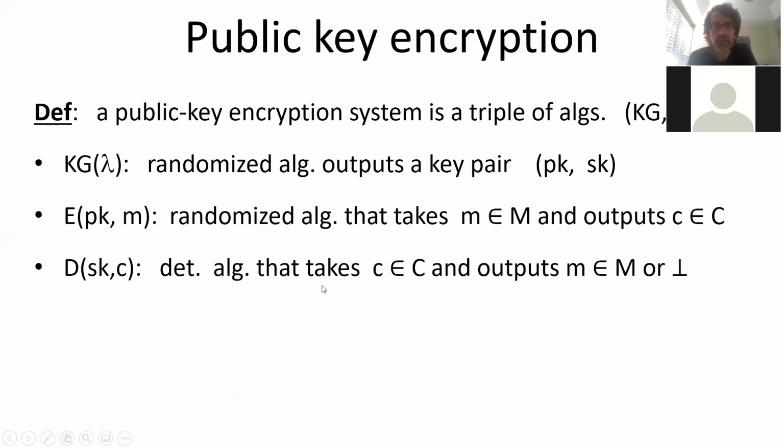Okay, so key generation now: the spaces of public and secret keys will no longer be, or sometimes they will be, but in general, they will not be just picking a key at random from some set. Rather, it might be a more complicated algorithm which will generate a secret key together with a public key.